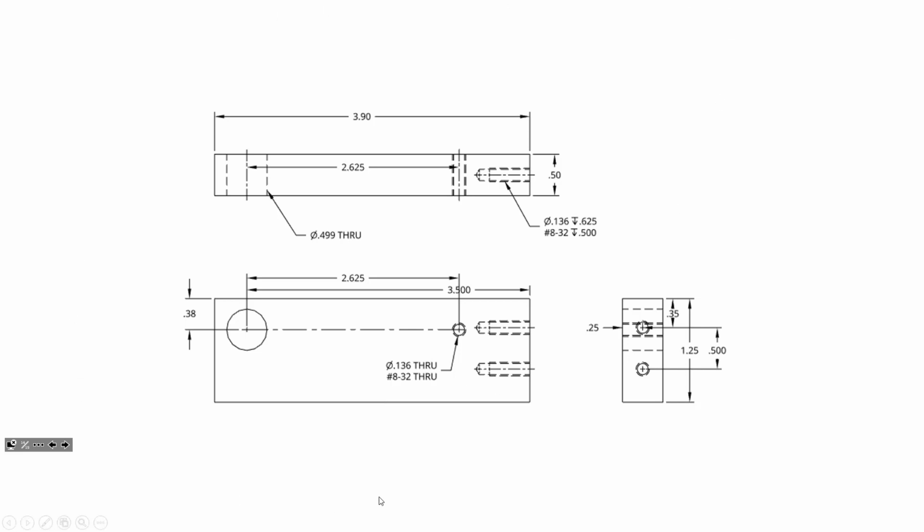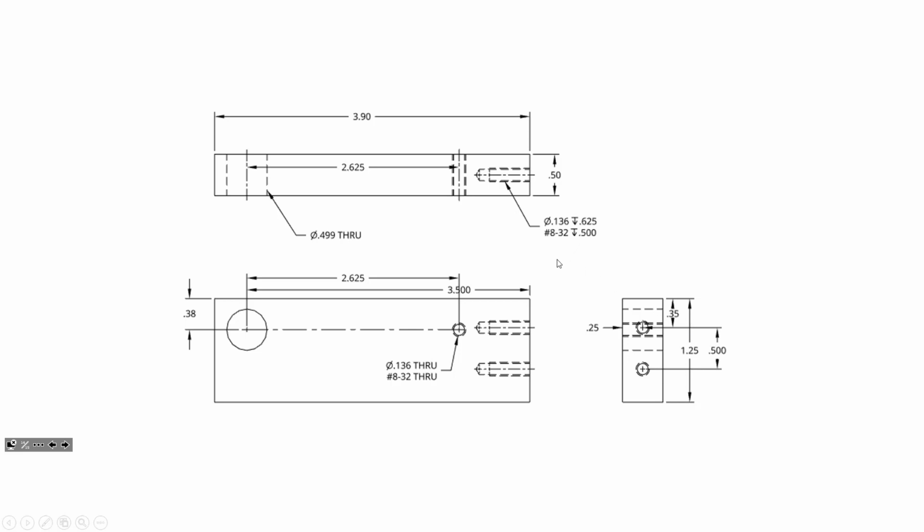So this is not a great view. We want to pull these dimensions off. We don't want a dimension to hidden lines. That's a dimension to a hidden line. So there's definitely ways that we can make this a lot better. Pull these dimensions off. Move this one out further to avoid the dimension line crossing through the extension line.